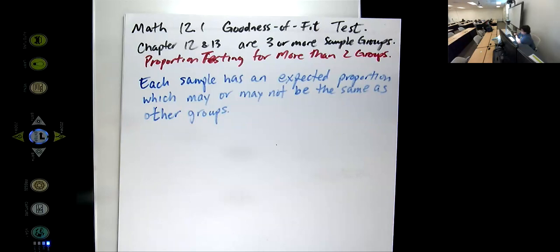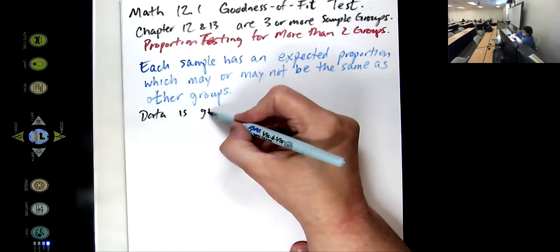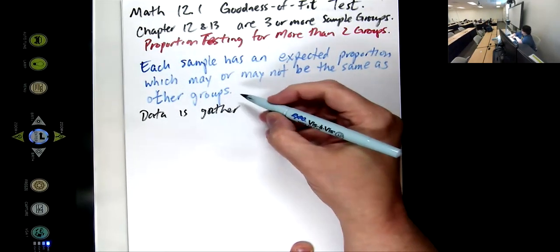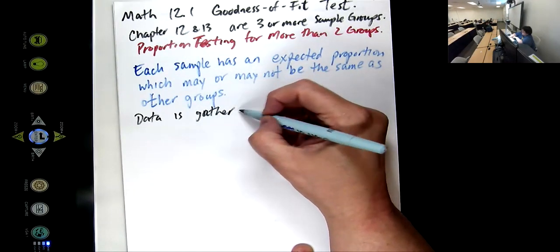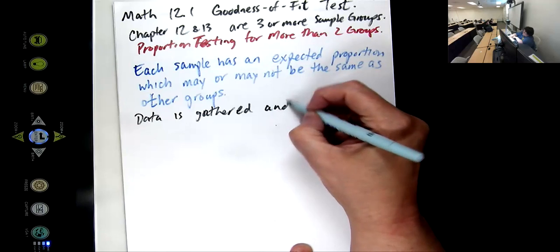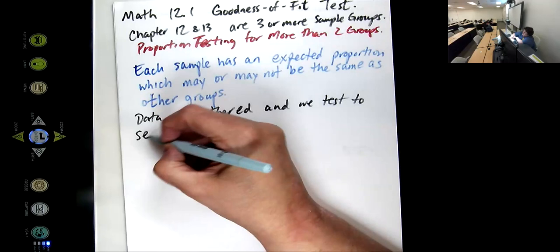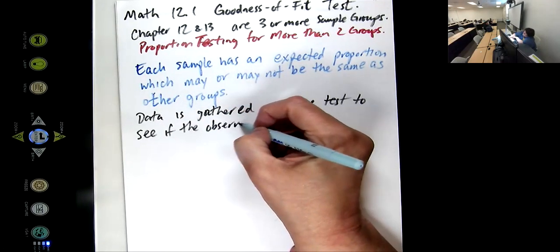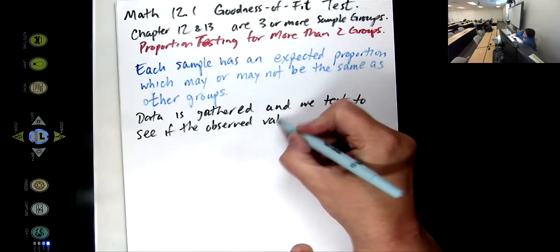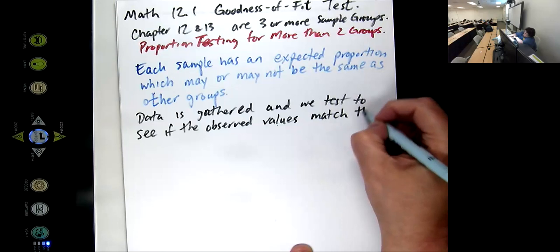So then obviously we have to gather data. Data is gathered. And we test each proportion. And we test to see if the observed values match the expected values.